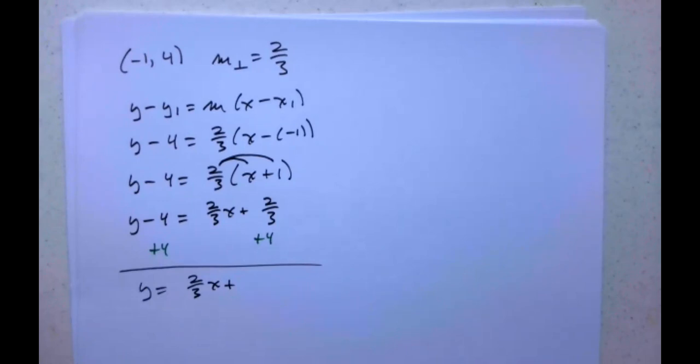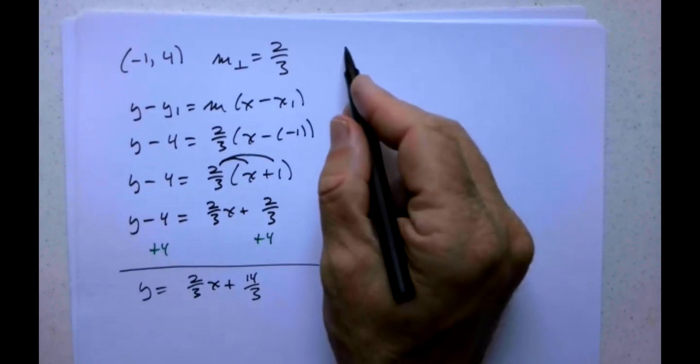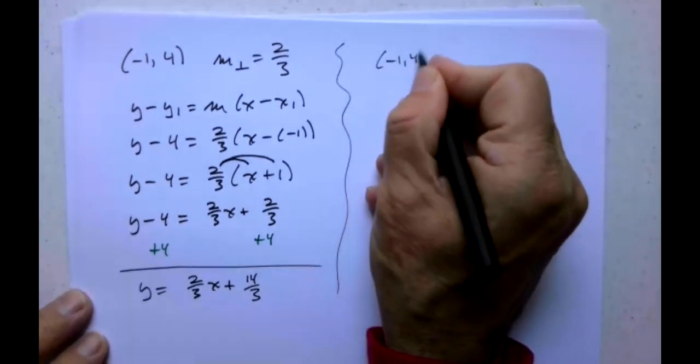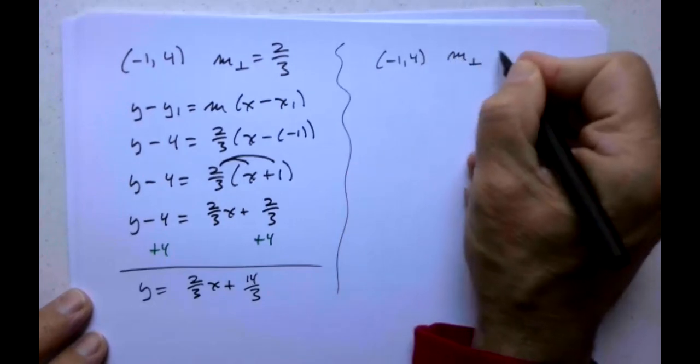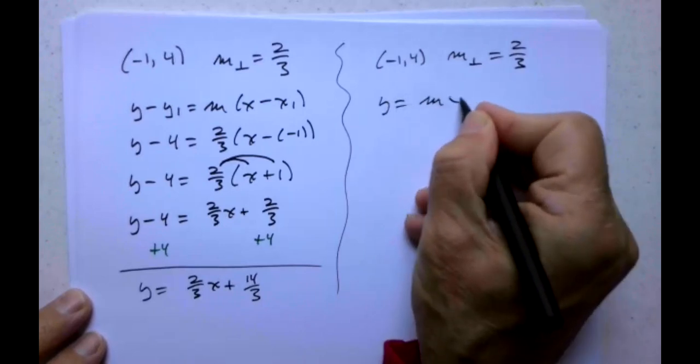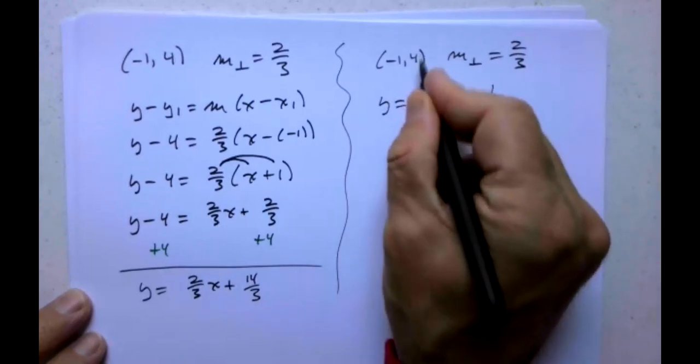is 14/3. And remember, I actually prefer to solve it a little differently. If I have the point (-1, 4) with a perpendicular slope of 2/3, I prefer to use y equals mx plus b and solve for b.